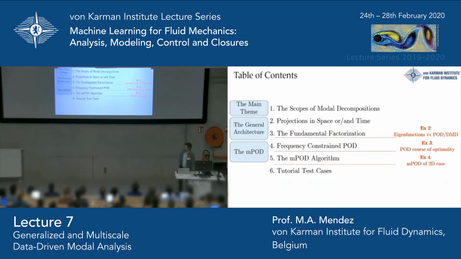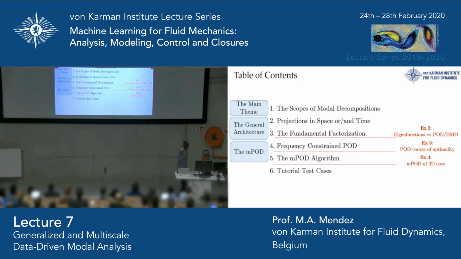But in this one, I would like first to go again into this representation problem, and I would like to compare, for example, eigenfunctions with POD and DMD. Then we spend some time on the curse of optimality. You have seen it in action yesterday in the beautiful example from Professor Dawson. Because of the optimality, POD might not necessarily give you the modes that you expect.